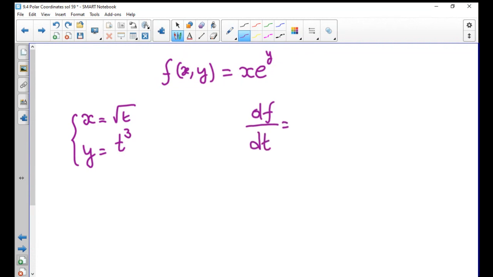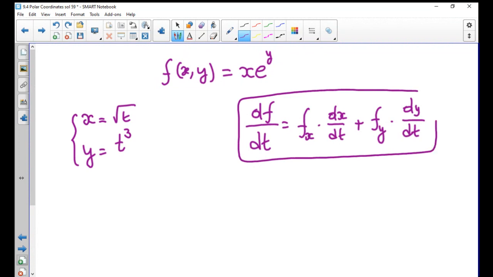Basically, the way you do that is you need to get 4 things. You need to get fx, you need to get dx over dt, and then you need to get fy, and you need to get dy over dt.